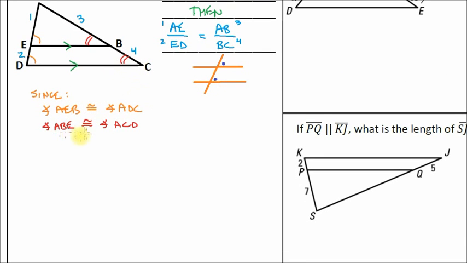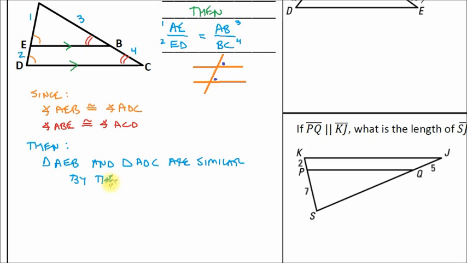Since those two pairs of angles are congruent, then triangle AEB, the smaller one, and triangle ADC, the bigger one, they are similar, by the AA theorem.